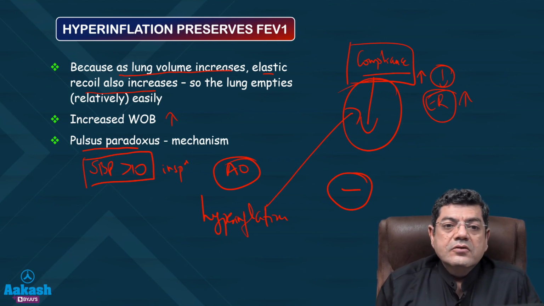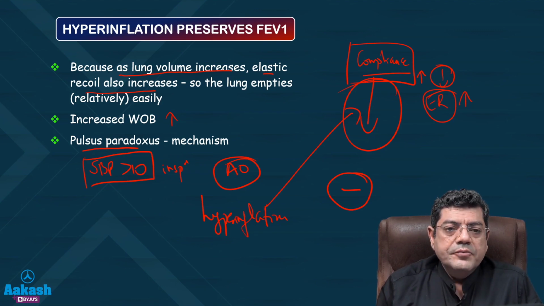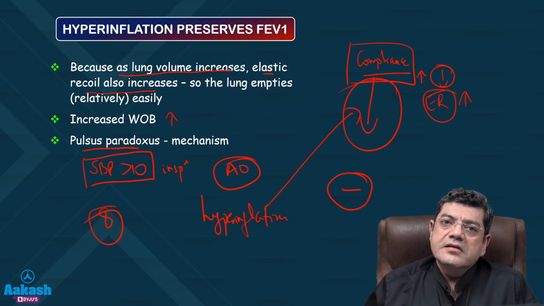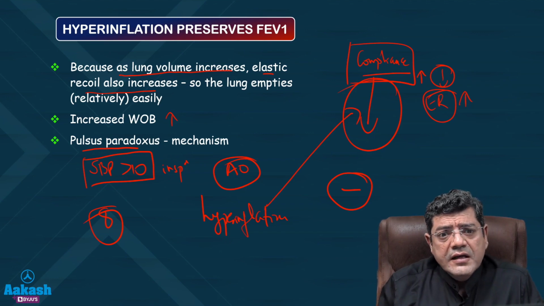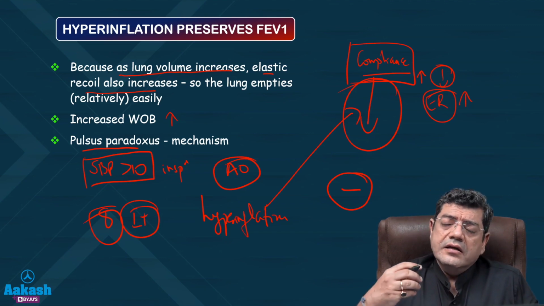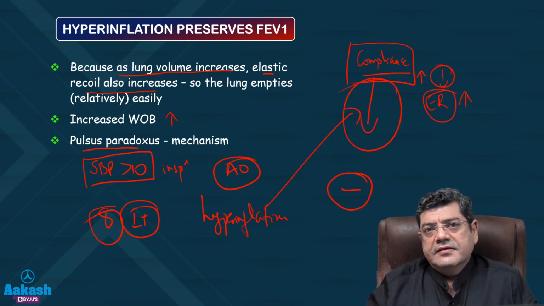Correct? Now, this also means that a fall of up to 8 is normal. Why is that? It's again the same thing. It's because of the negative intrathoracic pressure that is required for a tidal inspiration even in perfect health.